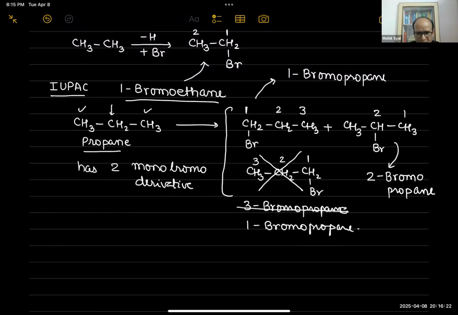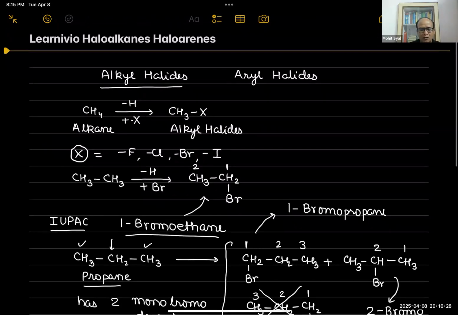So this is a common question. And how do you classify alkyl halides, or haloalkanes? It is one and the same thing. Haloalkanes or alkyl halides mean halogen on alkane.